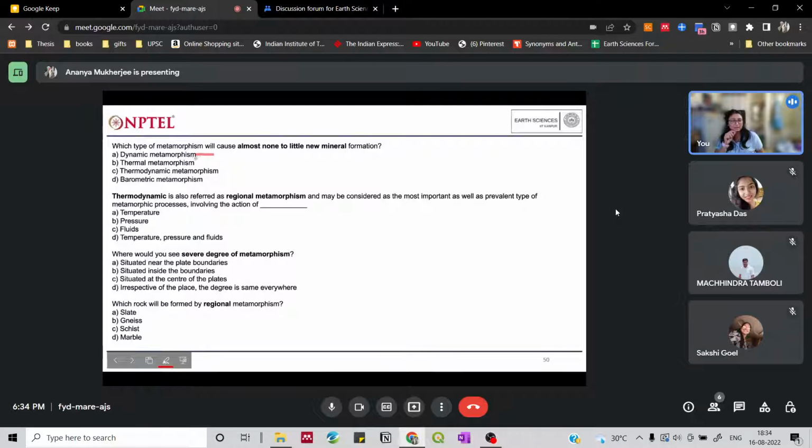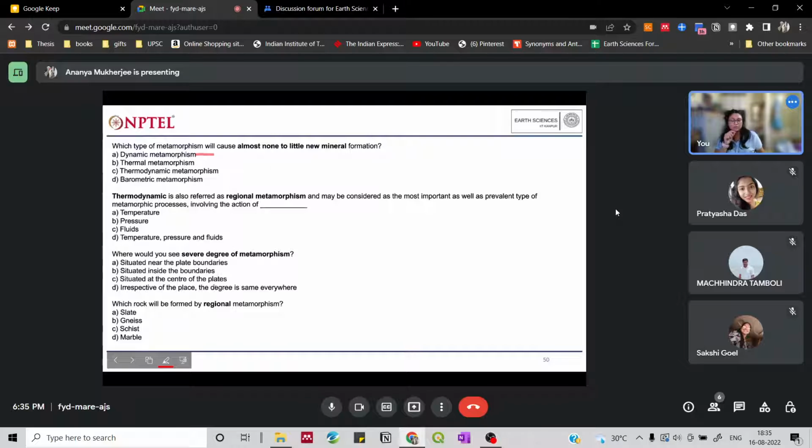Why dynamic? Because only pressure is acting in this kind of metamorphism, and with pressure mostly the structure and texture of the parent rock is changed. Because there is no heat or temperature change involved, recrystallization rarely occurs. So new mineral formation is very rare in dynamic metamorphic rocks.